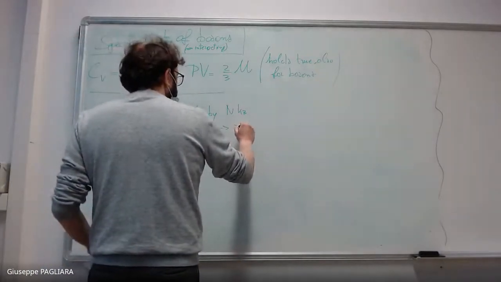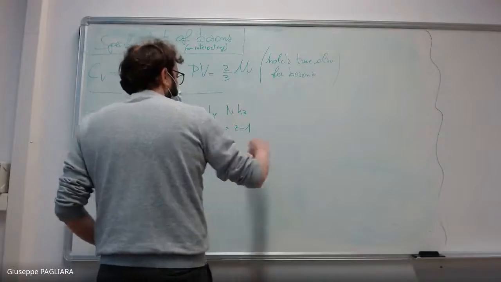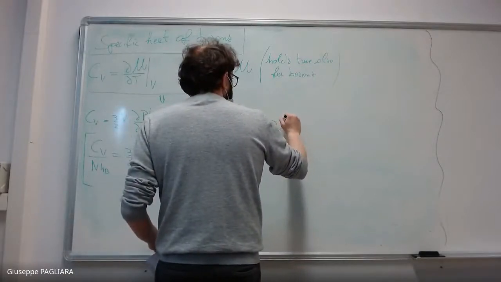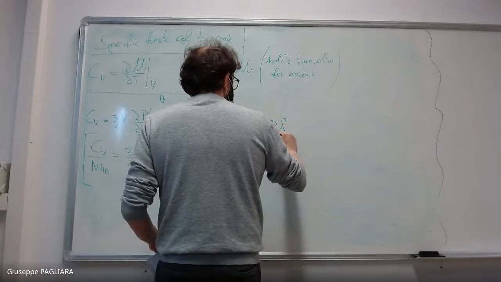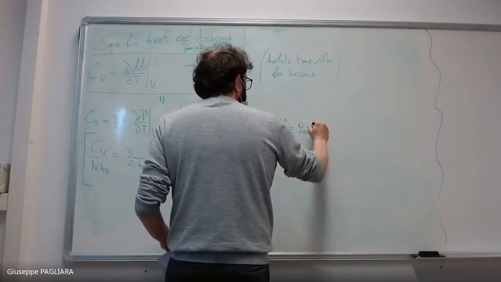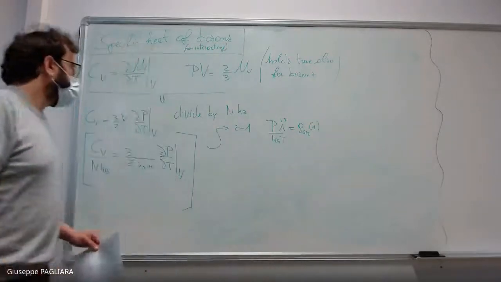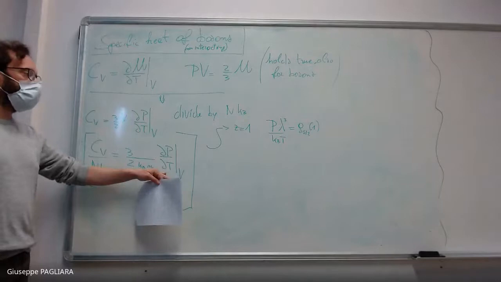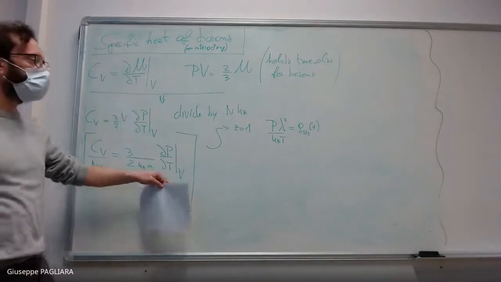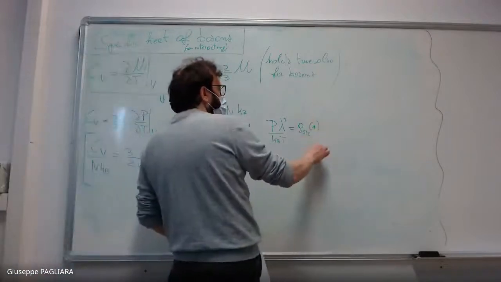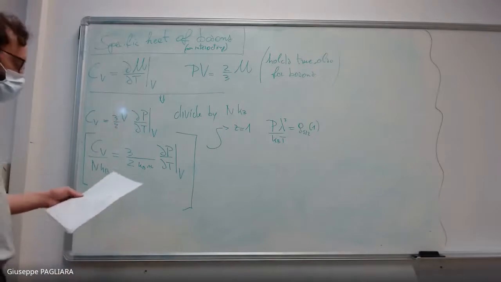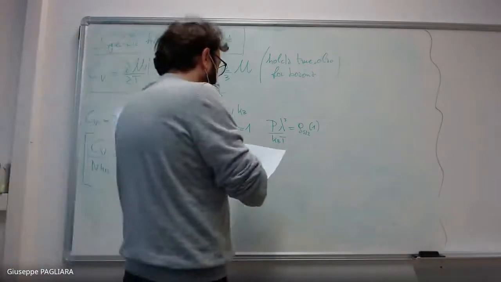So for z equal to 1, we know that P lambda cubed divided by kBT is equal to g_{5/2} of 1. And actually, the derivative of the pressure with respect to the temperature was done before. So this number, I just need to repeat the calculation that we did before, and the result is the following.